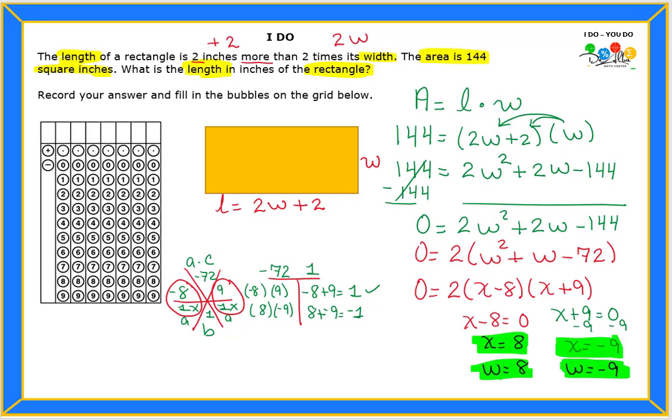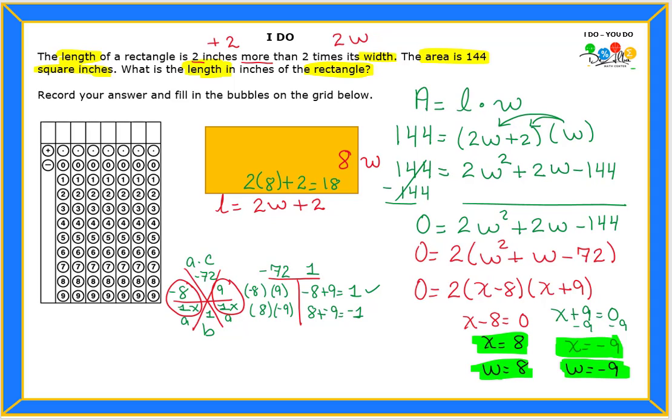So if W is 8, right, then my length will be 2 times 8 plus 2. And that will give me a positive 18, right? If you use the negative 9, it will be a negative number. And like I said, we cannot have the length of a rectangle as a negative, right?